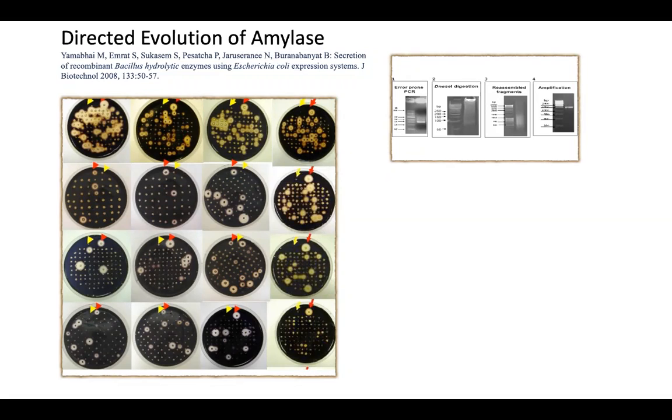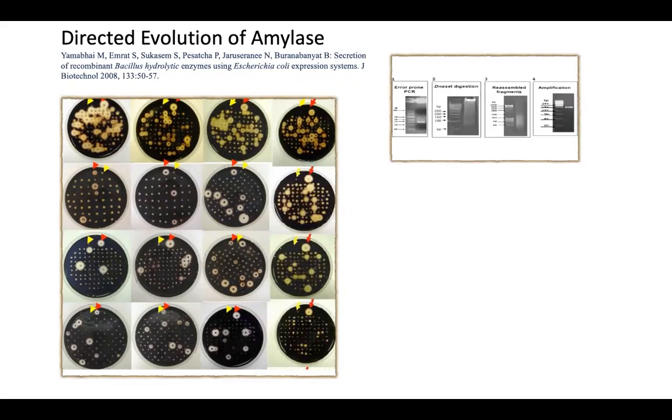And what we did is that we had to develop a method to screen for the enzyme. As you remember, I said before that when you do directed evolution, you have to have a way to generate a mutation in the gene, and you have to have a way to isolate the enzyme that has good properties.